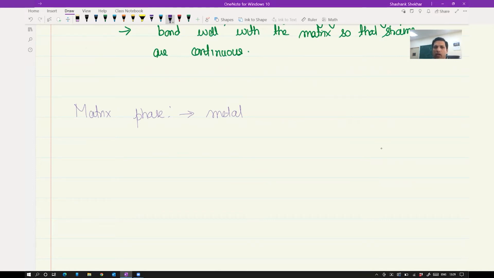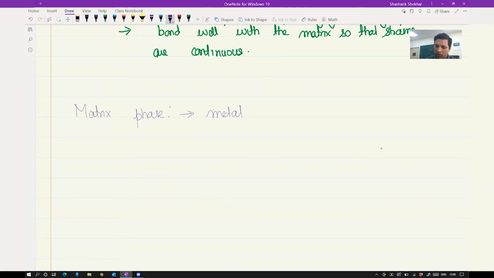So if you want to utilize those properties, then we would use metal as the matrix. But the drawback of metals is that they are very heavy, in the sense they have very high density. So one purpose of adding the reinforcement phase could be to reduce the weight, in which case you would include something like polymer or a lightweight metal, which will result in improved specific strength.